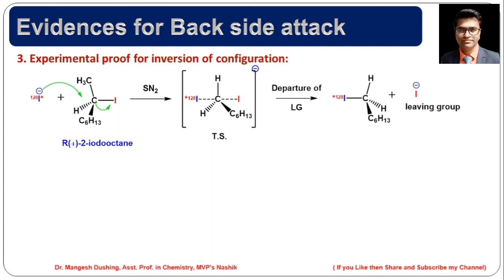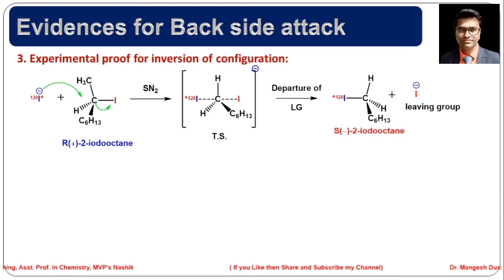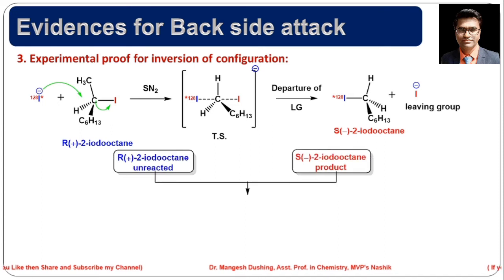Suppose this leaving group leaves, we will get this product. The name is S-2-iodooctane. Now in this particular reaction, the leaving group and nucleophile are the same. So at equilibrium there will be a possibility of 50% R-iodooctane, that is unreacted, and the second possibility is S-iodooctane as a product.